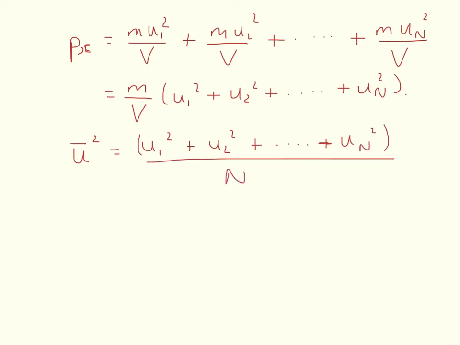So that's the average squared speed in the x direction. We can use that to replace this bit in the pressure equation. So we end up with px is equal to m times n over v times u bar squared.